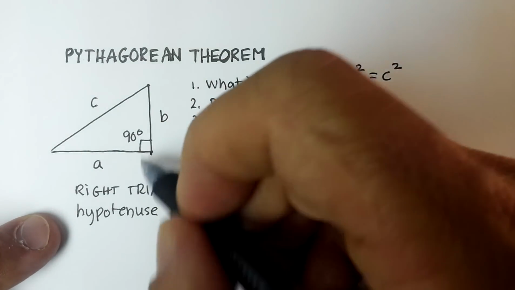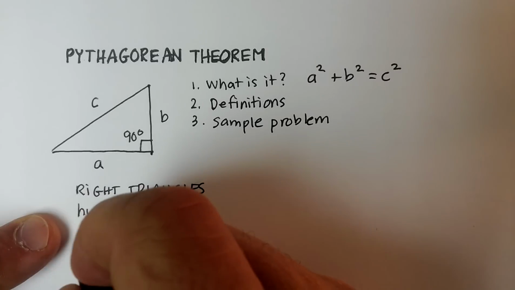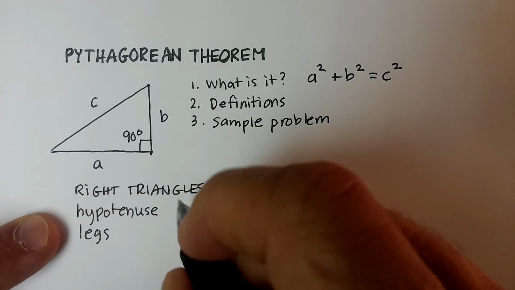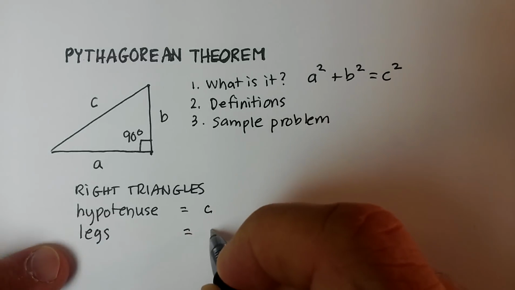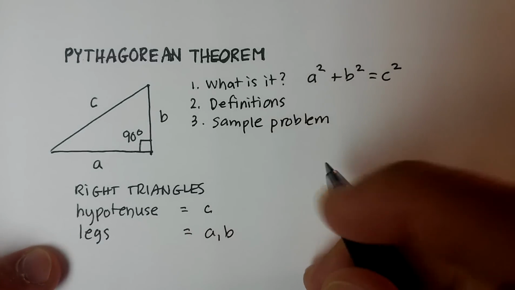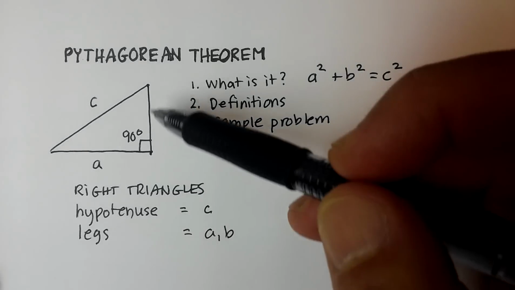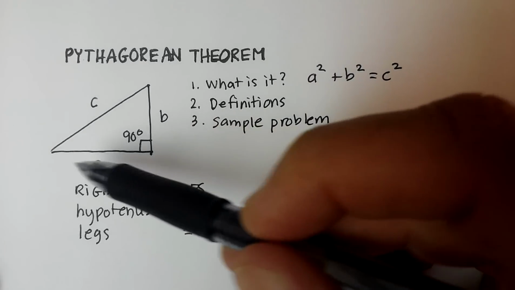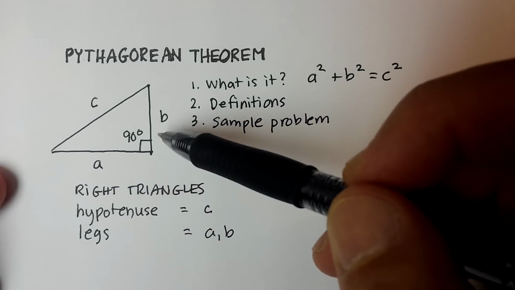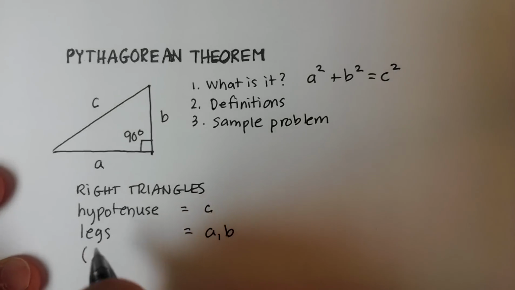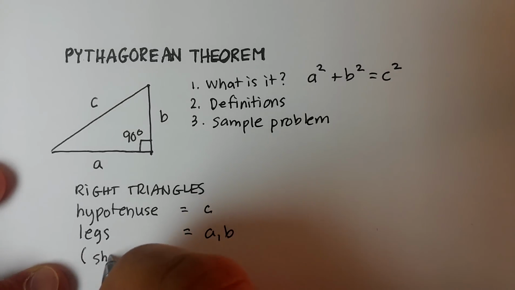Now the a and the b are called legs. It's always the c, and this is the a and the b. Now, some people also call the longer one, whichever is the longest one, the long leg, and the short one the short leg. So you can have that distinction, but mostly they're known as legs, okay?